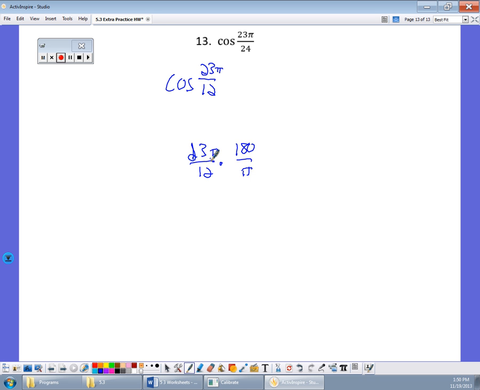And what this is going to do is give you the angle in degrees. So that's going to end up being 345 degrees, which you already saw before. I believe that's correct. So you could just solve now for the cosine of 345, which is very similar to the one we just did.